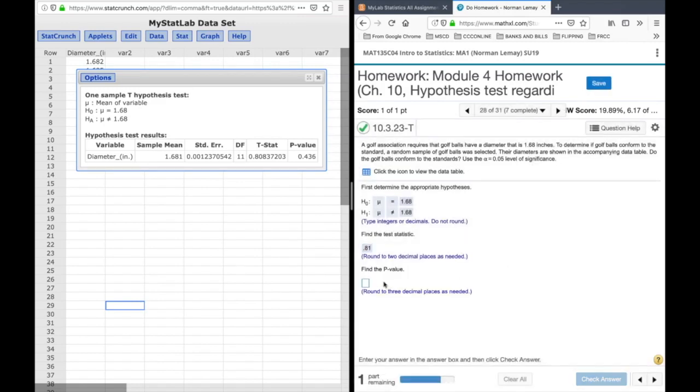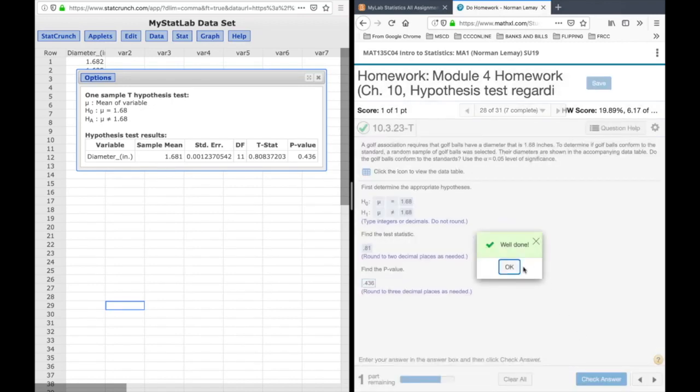All right, so now we're asked to find the p-value. Let's recall, since this is a two-tailed test, you would have to compute the upper tail and double it, based on your reading. So 2 times whatever that p-value is. But notice here, we already have that taken care of for us. So 0.436. Let's go ahead and type in 0.436.